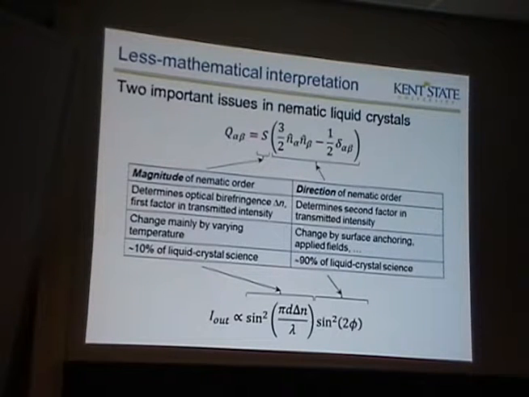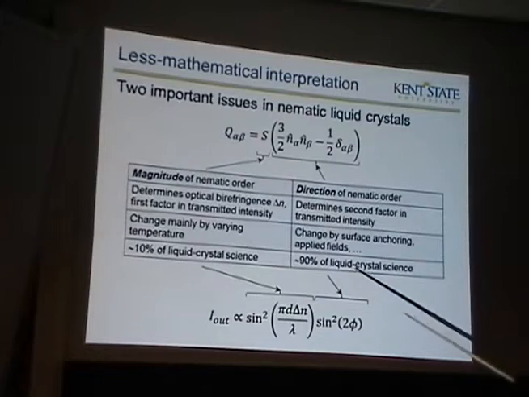For the magnitude, this is controlled mainly by changing temperature. At high temperature you have an isotropic phase where the magnitude is 0. At lower temperatures there's a transition into the nematic phase and the magnitude is something non-zero.